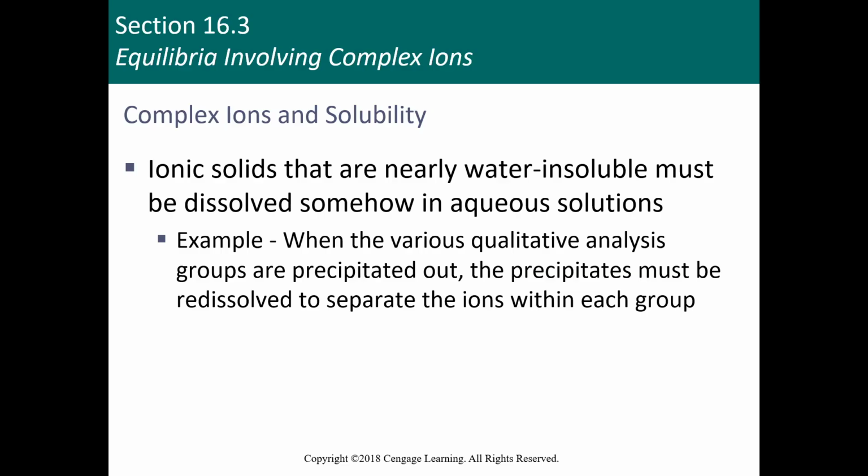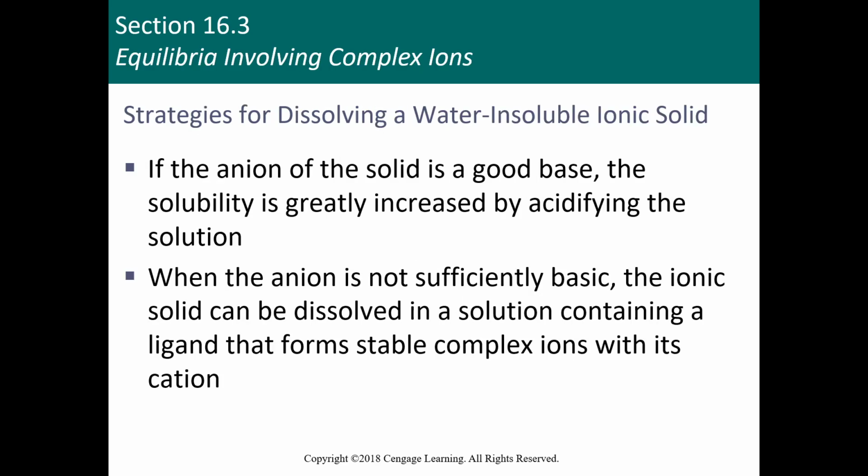All right, now the complex ions and solubility. So the ionic solids that are nearly water insoluble must be dissolved somehow in aqueous solutions. So when the various qualitative analysis groups are precipitated out, the precipitates must be redissolved if we want to further separate those ions within each of those groups. So how can you do that?